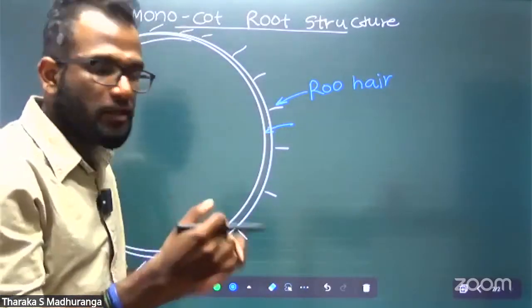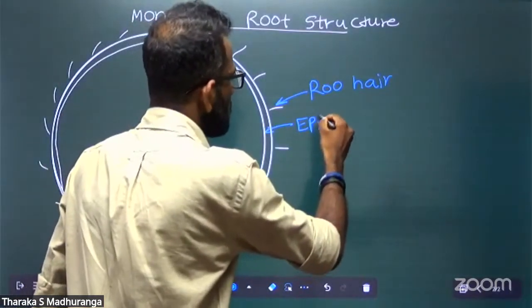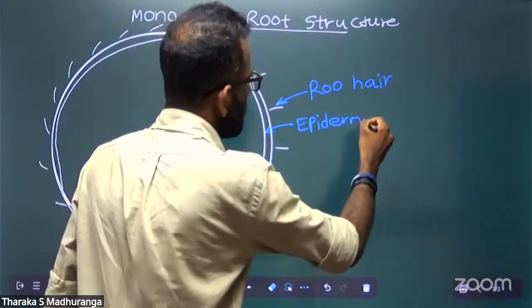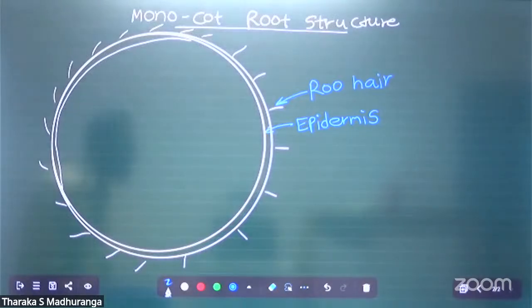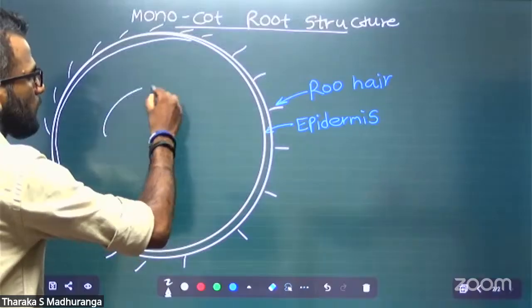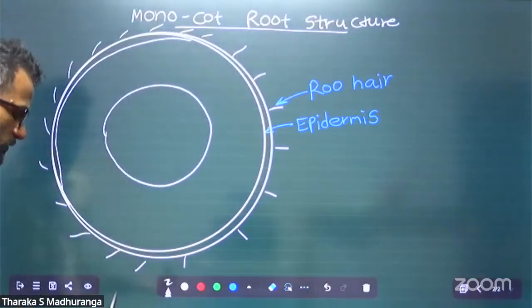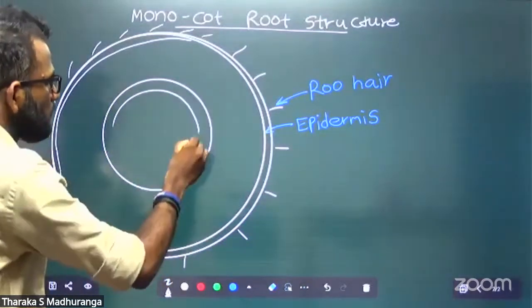We call it the epidermis, same as in the dicot. Then draw the endodermis, then the pericycle.